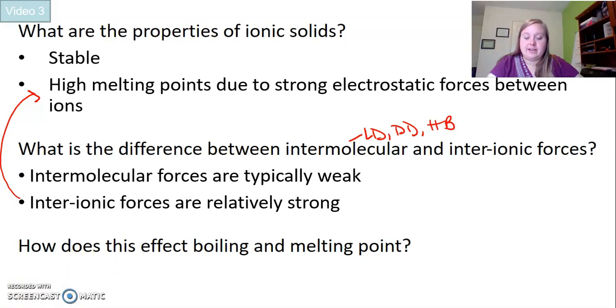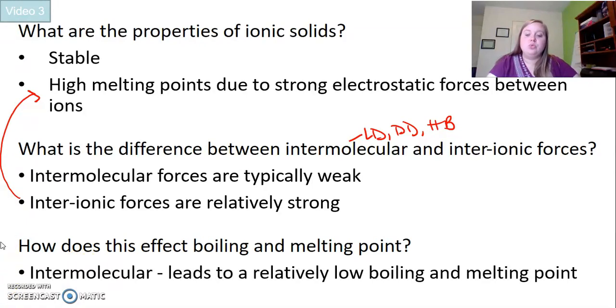How does this affect the boiling and melting point? I just said that. If you look at something like an intermolecular force, those London dispersion, dipole-dipole, hydrogen bonding, because they are relatively weak, you're going to have a relatively low boiling and melting point for whatever substance you're talking about.